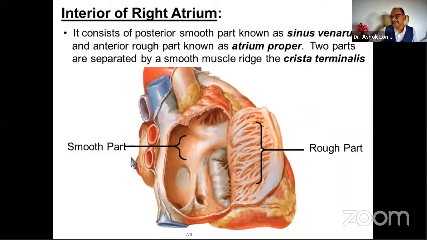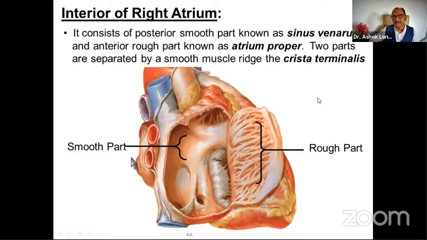This is the basic structure of the right atrium, and this is its internal structure. It consists of a posterior smooth part known as the sinus venarum, and an anterior rough part, the atrium proper. This rough part, the pectinate muscles, and this is the smooth part.